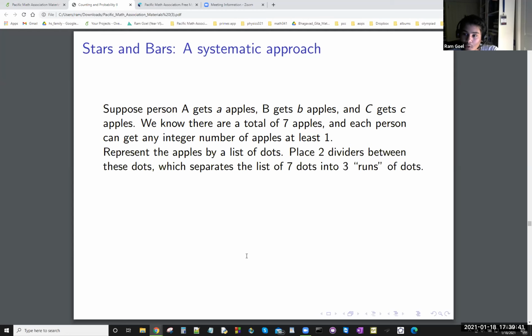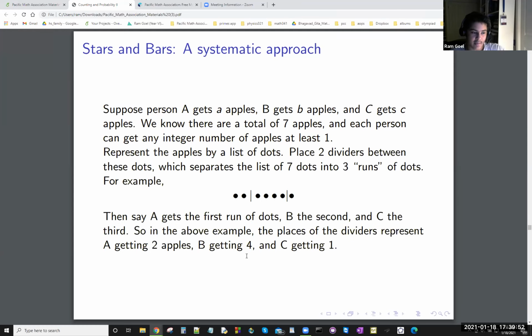So now what we're going to do is in this list of dots, so we have 7 dots, we're going to place 2 dividers between these dots, which is going to represent A's value, B's value, and so on. So for example, let's say the dividers are here and here, then A gets the first 2, B gets the next 4, and C gets the last one.